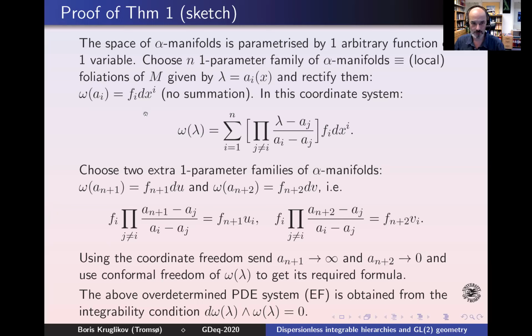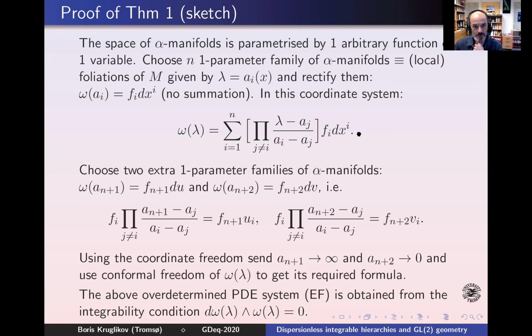Now we have this coordinate system, and we write in it the form omega_lambda. So the form becomes such. Here f_i is not fixed yet, it's a general function, but for lambda equal to a_i we get this kind of condition, up to the denominator and so forth. Remember that's projective freedom.